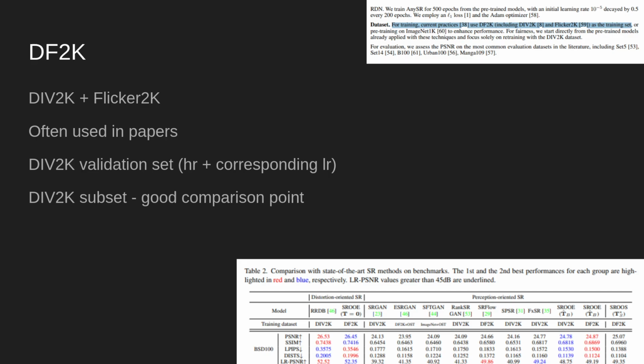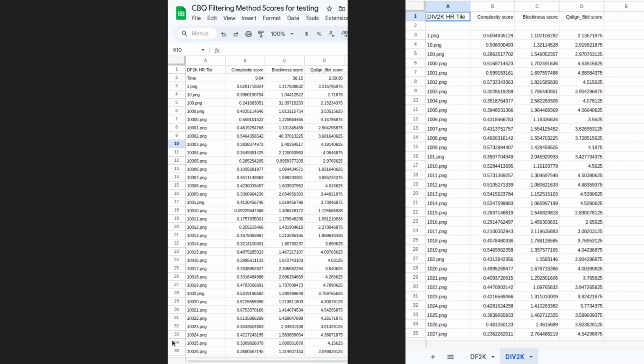If I have a good curation workflow, then it should be able to filter from those combined tiles to tiles that will give the same performance as the DIV2K tiles, or maybe better. But it was just a comparison point. Will I be able to filter this one in a way that I get the same good quality as DIV2K?